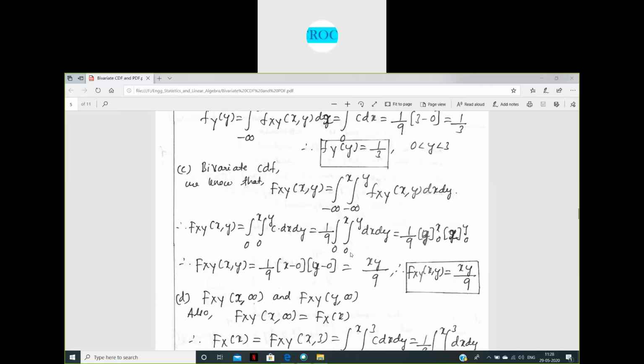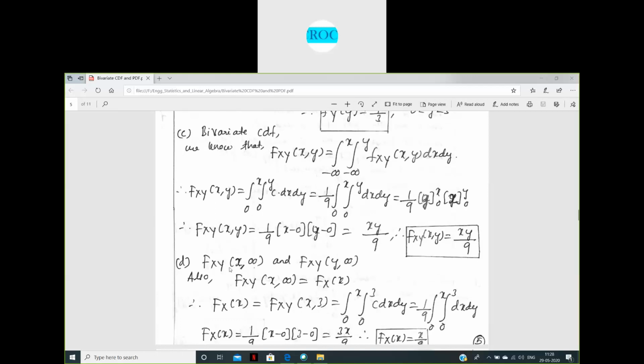Now the integration of dx from 0 to y gives us y here. The integration of dy from 0 to x gives us x here. So what we have is x times y divided by 9, xy/9.